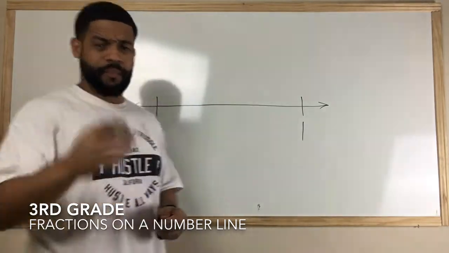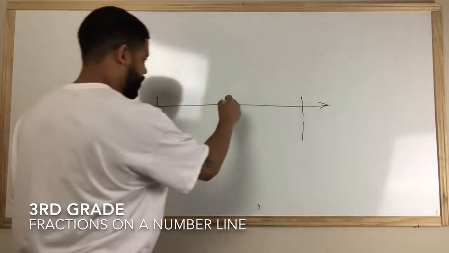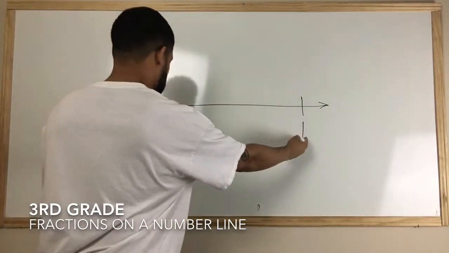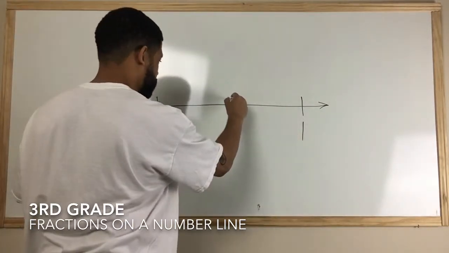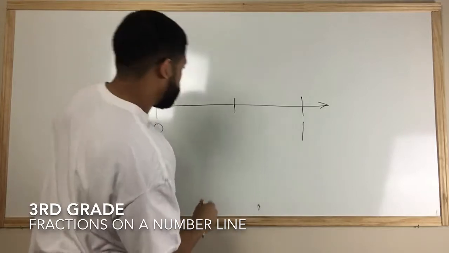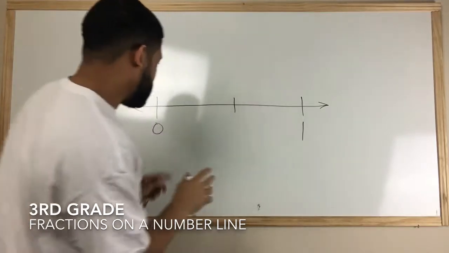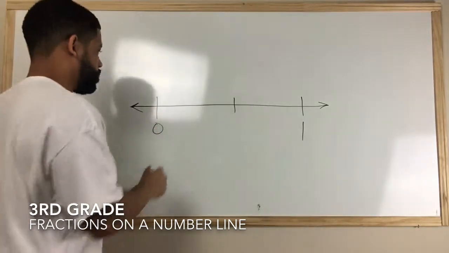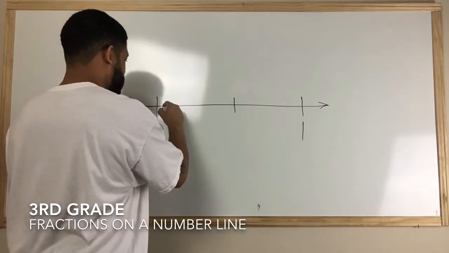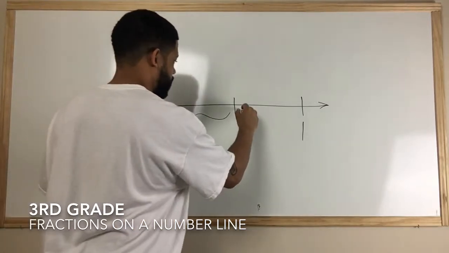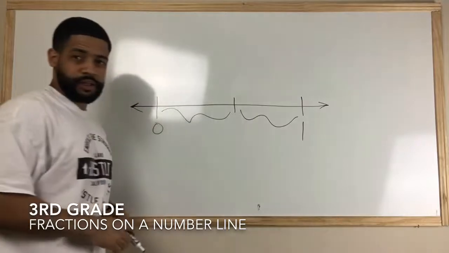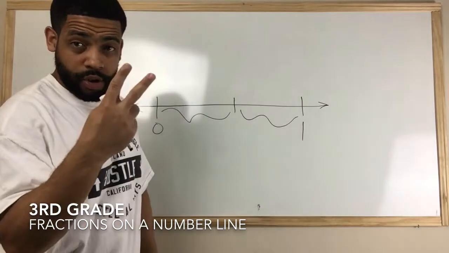I'm going to start with a basic fraction. If I take this number line and break it up into 2 equal parts, I have one section here and one section here, so a total of 2 parts.